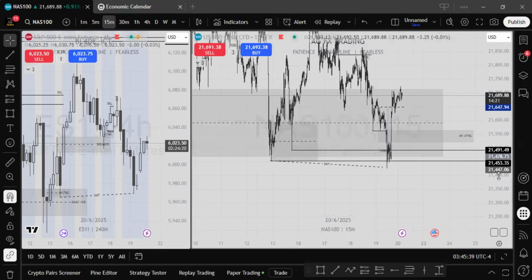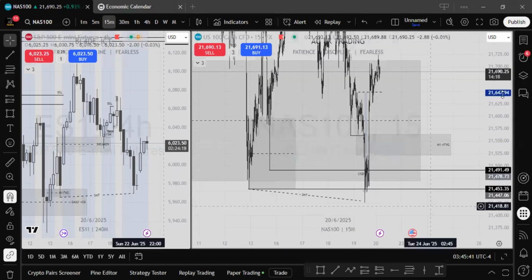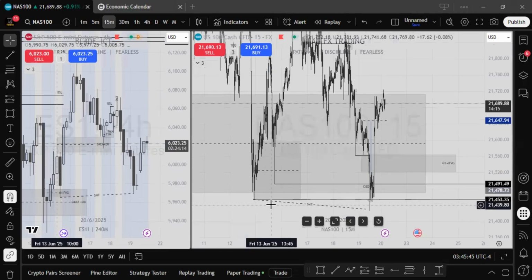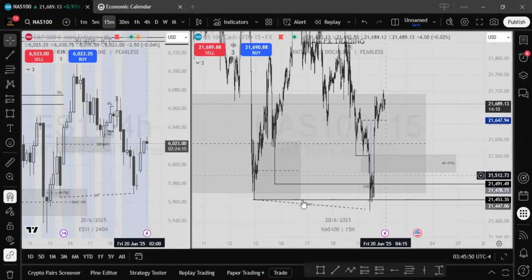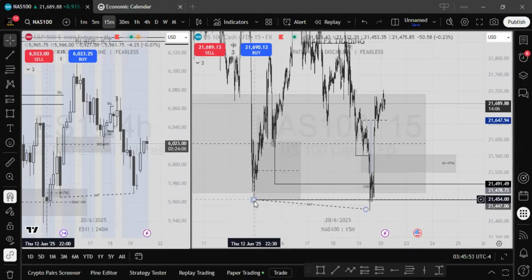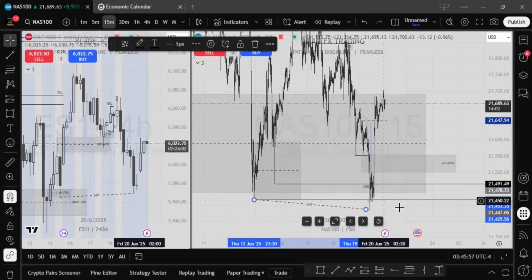Beautiful SMT. If I'm not trading like the market maker model and all that, this is what I'm trading. So every time I come into the market, I'm looking for either a market maker or an SMT, which is where we sweep liquidity and then we're expecting a reversal.